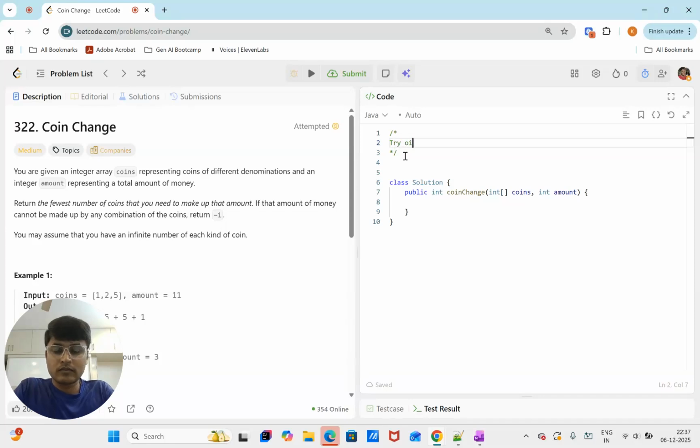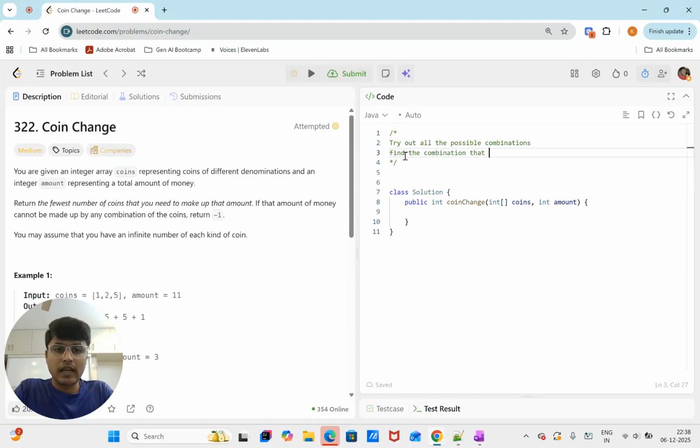Try out all the possible combinations. Find the combination that has the minimum number of coins.